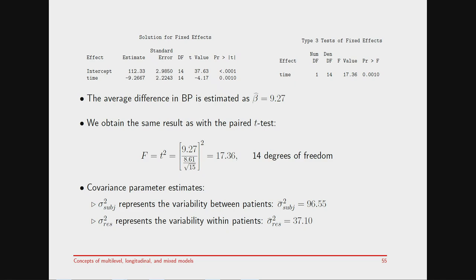That's exactly the same on 14 degrees of freedom, and that's exactly what we see here. So it's exactly the same. A paired t-test is nothing else but a mixed model, but in the very specific situation where you have only 2 observations per cluster.